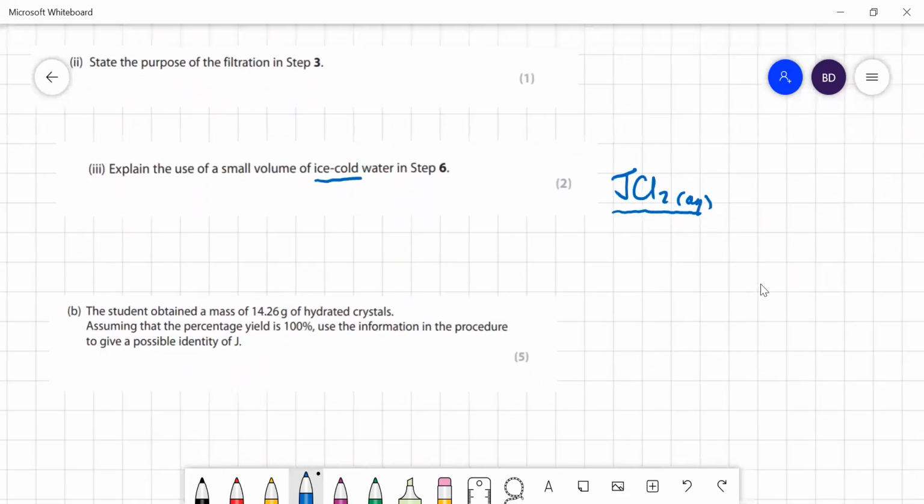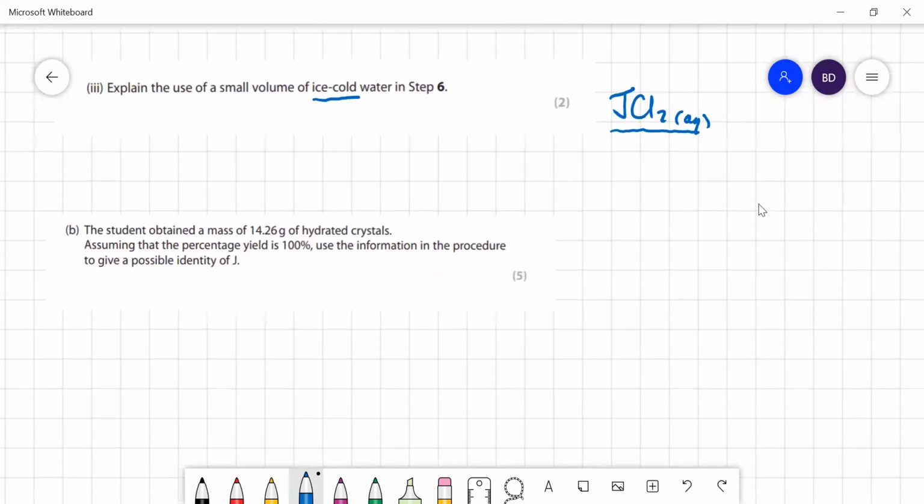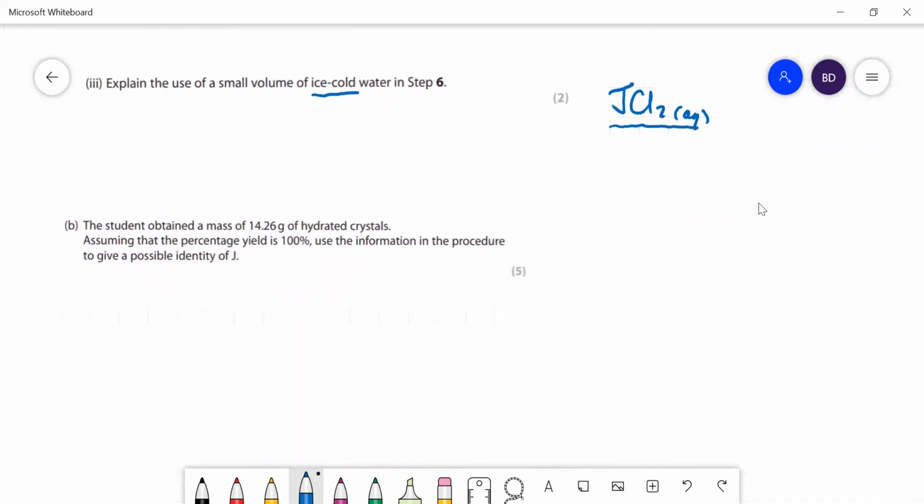Okay, the student obtained a mass of 14.26 grams of hydrated crystals. Assuming the percentage yield is 100%, use the information in the procedure to give a possible identity of J. Well, just to write down the equation again, we had J carbonate, solid, plus 2HCl aqueous, went to JCl2, CO2, and water.